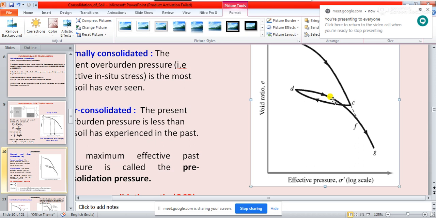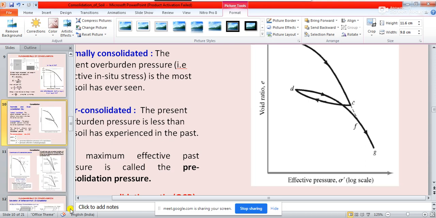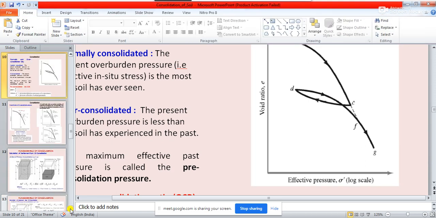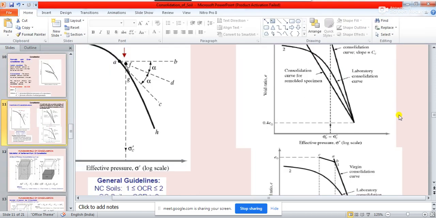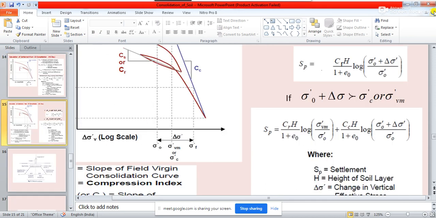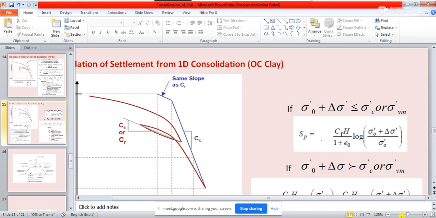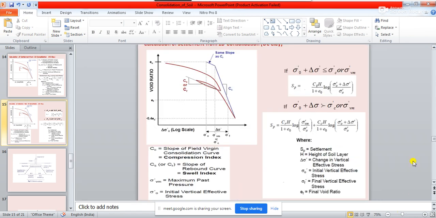Now if you want to pressurize it more, it will give a little bit of rebound, and that rebound will be calculated using the rebound index or swell index. And you see it's very simple actually. Now you see this curve, this slide.